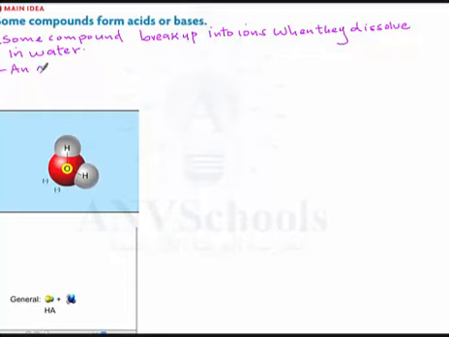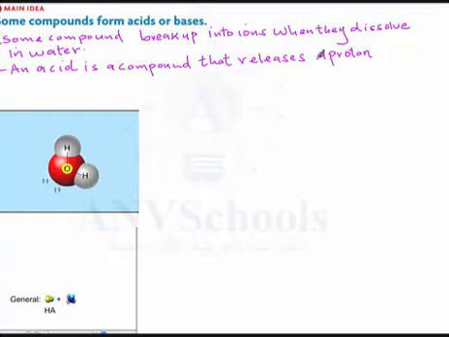So an acid is a compound that releases a proton, where the proton we are talking about here is a hydrogen ion, which is positive.